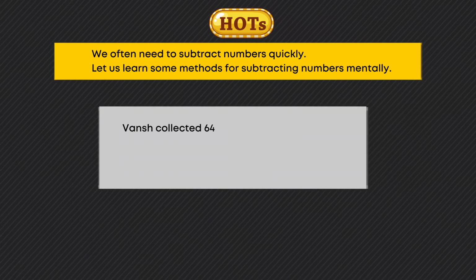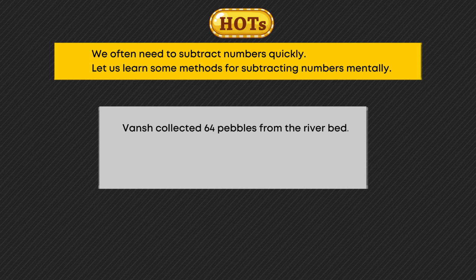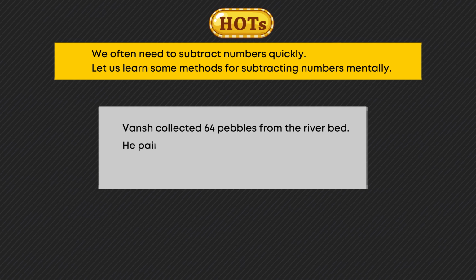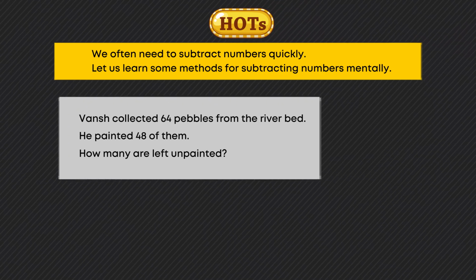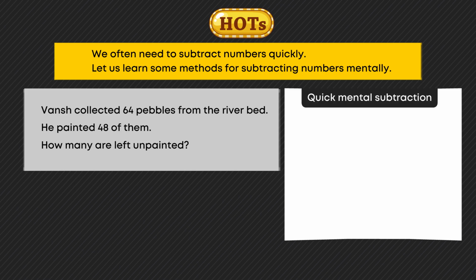Vansh collected 64 pebbles from the river bed. He painted 48 of them. How many are left unpainted? Quick mental subtraction. 2.